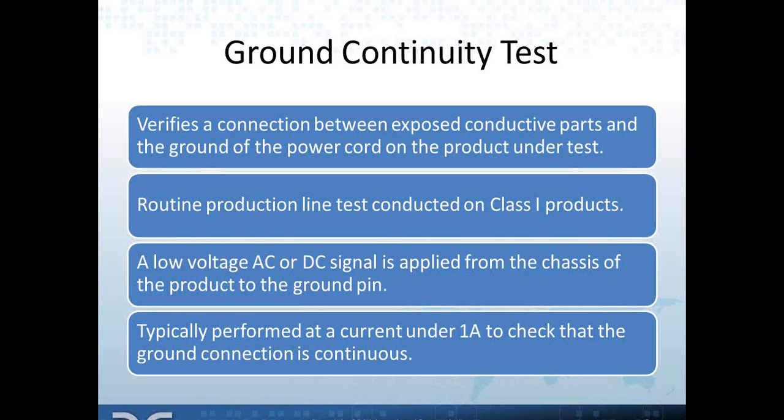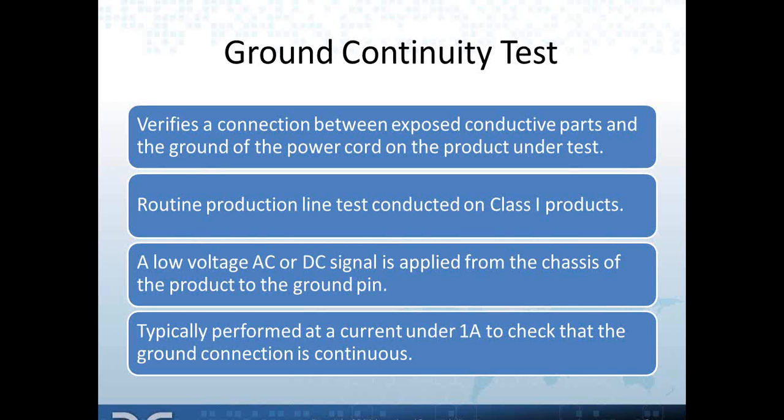Also, the ground continuity test does have its shortcomings. For example, the ground connection to a product should be rated to handle its nominal input current in case a fault occurs and the line voltage becomes present on the product's metal enclosures. Now, some testers equipped with a ground continuity function only give an indication if continuity is present.